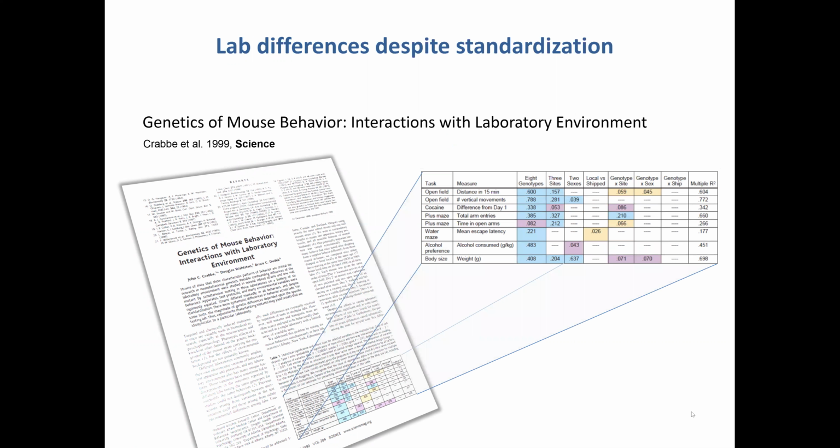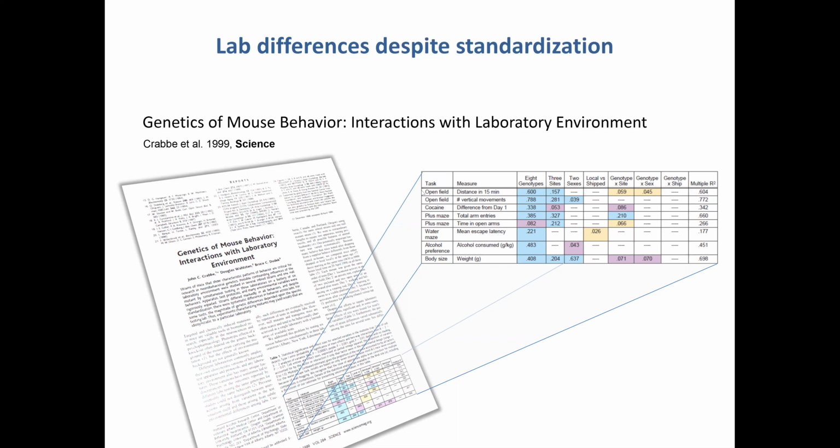This was a big comparative study where researchers basically replicated a bunch of behavioral tests in 3 different laboratories. They used both sexes, males and females, and they used 8 different genotypes, so 8 different strains of mice, and they had a whole test battery of different tests.